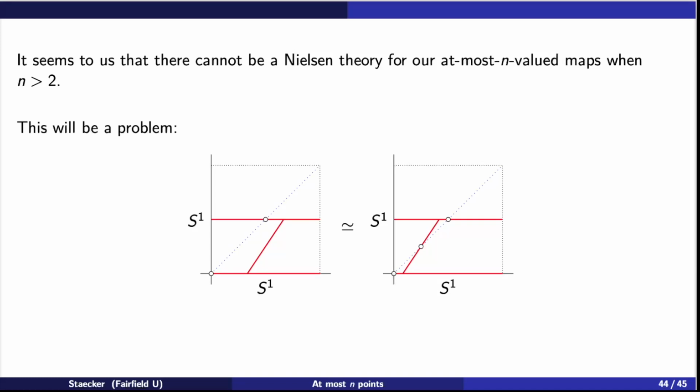But if you move this cross piece over here, I've introduced a new fixed point. If I think of the fixed point index being preserved by homotopy, this doesn't look good to me, because I just created a new fixed point which doesn't seem to have index 0, but it adds in with the other 2 fixed points, which have not been changed locally. So I don't expect fixed point theory to work very nicely.